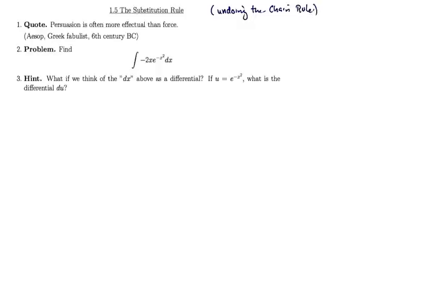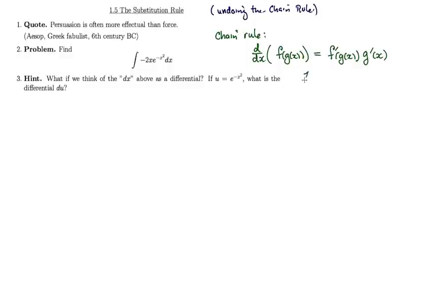So let's just recall what the chain rule for differentiation said. If we want to compute the derivative of a composition of two functions, f composed with g of x, then we take the derivative of the outside function, evaluate it at the inside function, and multiply by the derivative of the inside function. For us, it'll be convenient just to express this in terms of differentials.